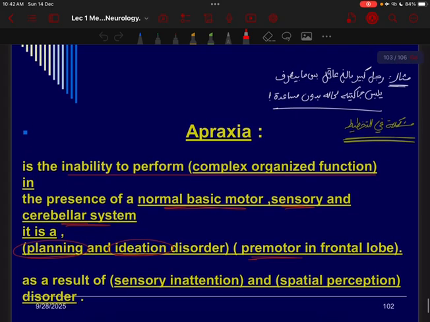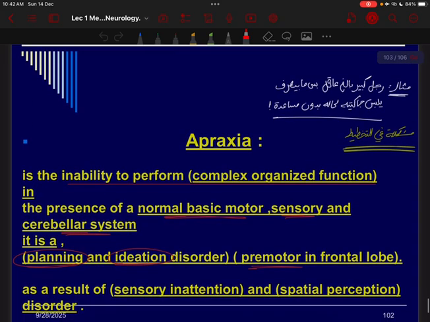I take the jacket, put my hand in the right. With apraxia I cannot do this. Why? The motor system is normal. The sensory system is normal. So where is the problem?